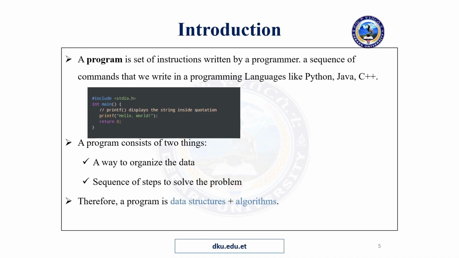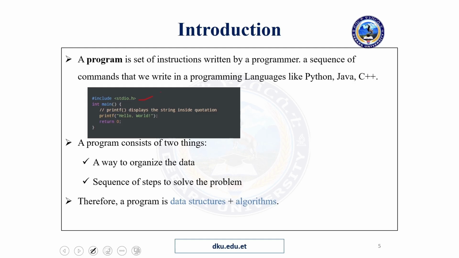As you see here, this is a basic and simple program that shows each and every command. So each line of code is known as a command, or it is known as an instruction. This is the first instruction. The first one includes stdio.h.